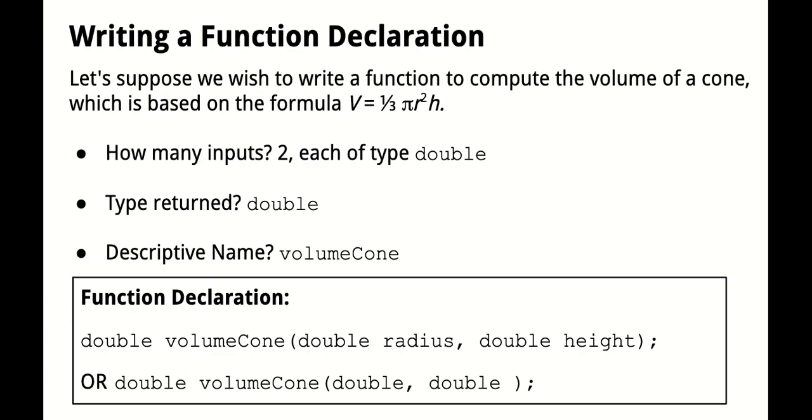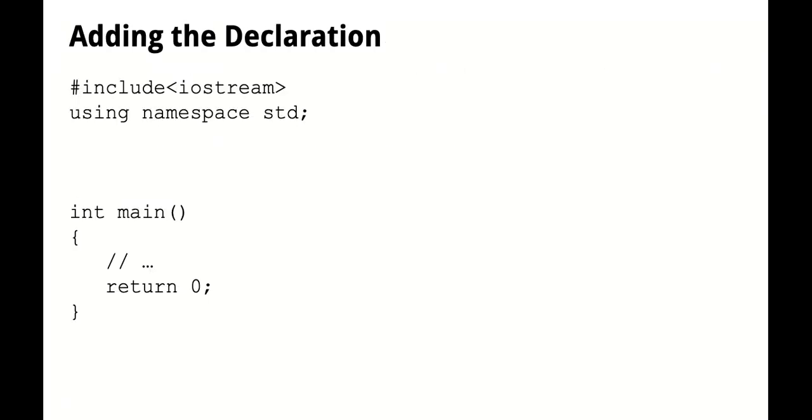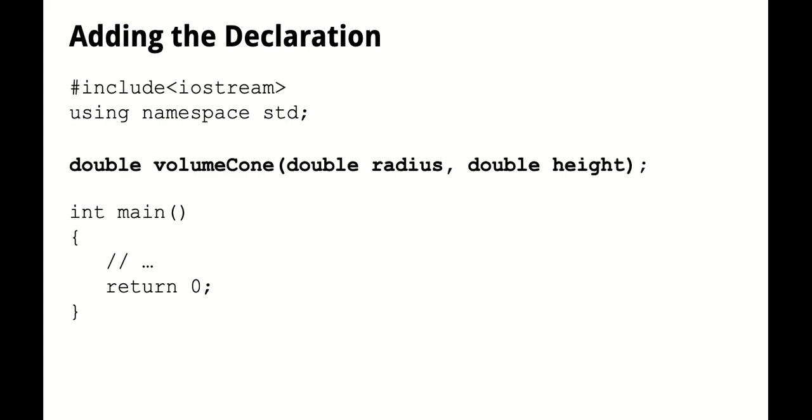It has to provide at least types, but it's a good habit to just provide names for what the inputs are at this point, and you'll see why. And again, a function declaration is a statement, so this would end in a semicolon. So to add the declaration to a program, you would put in the line double volumeCone, double radius, comma, double height with that semicolon. So now we know that this function is going to exist somewhere in this program.